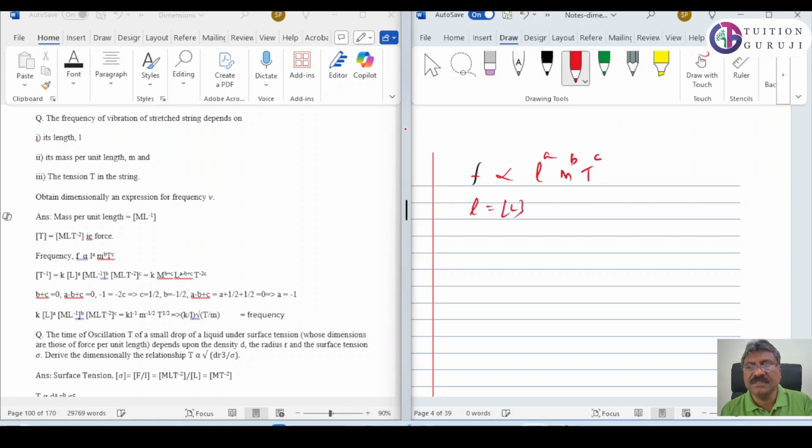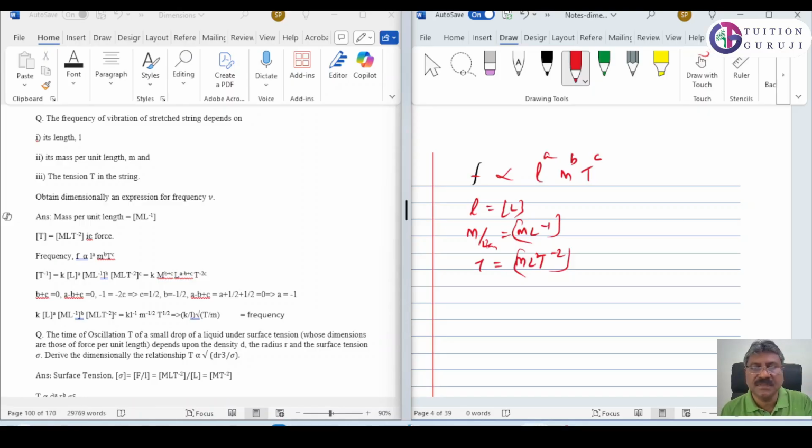Length we know the dimension is L. Then mass per unit length is mass per length, equal to M L raised to minus 1. Then tension is nothing but force. So T is equal to M L T raised to minus 2. Tension is nothing but force.